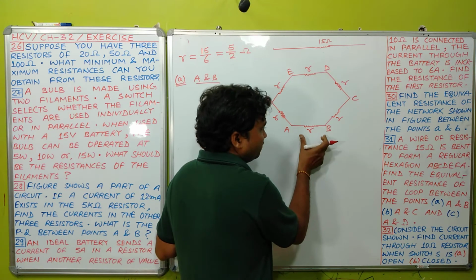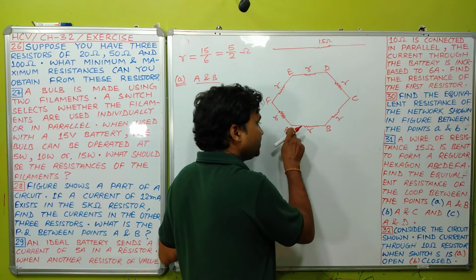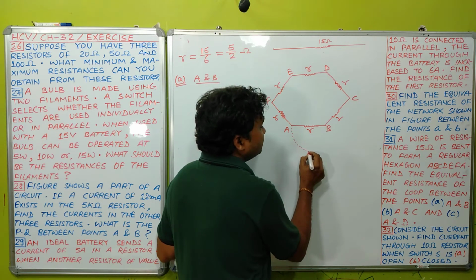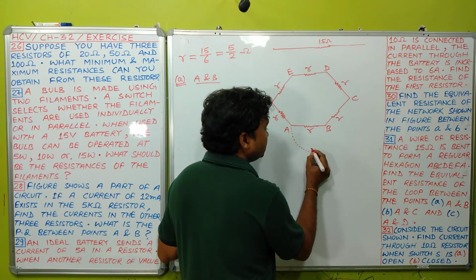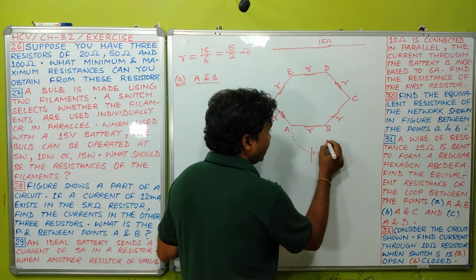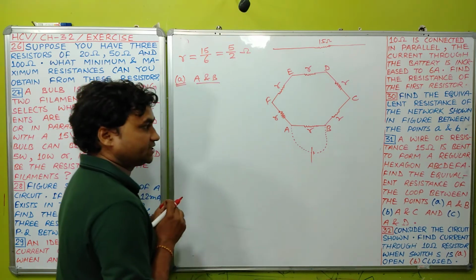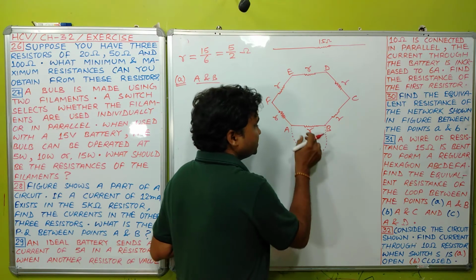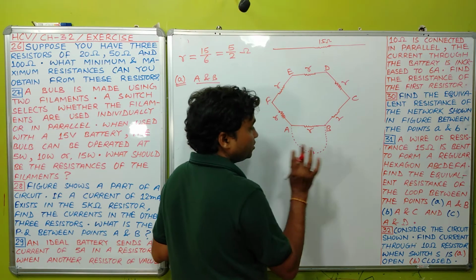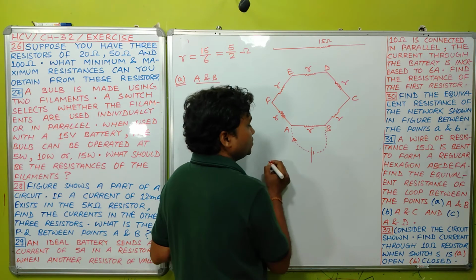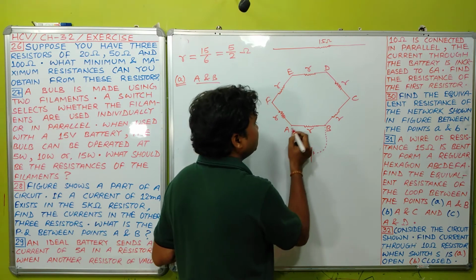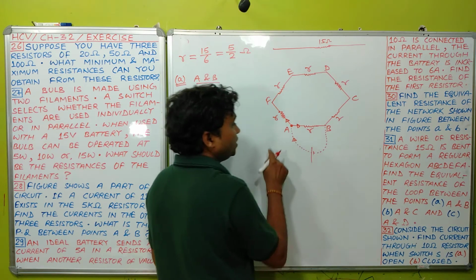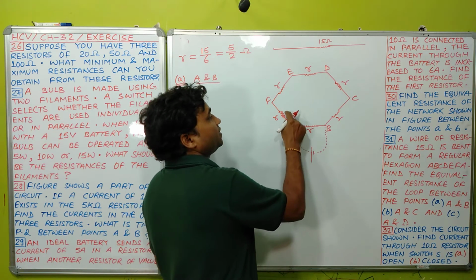When you have to find the equivalent resistance between A and B, assume that a battery is connected between A and B like this. Since we have to find the equivalent resistance between A and B, we connect a battery between A and B. Now the current delivered by this battery will be divided here like this.